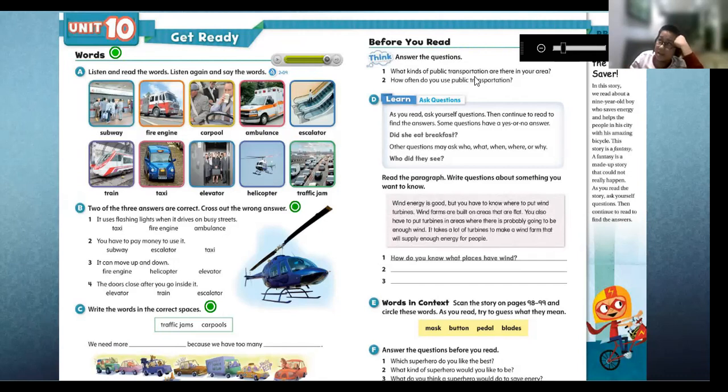Oh no, it's taxi and bus. It's two. Okay, all right. So thank you for that. Taxi and bus. Okay, great. Now here, learn, ask questions. Oh no, we still have question number 2. How often do you use public transportation?